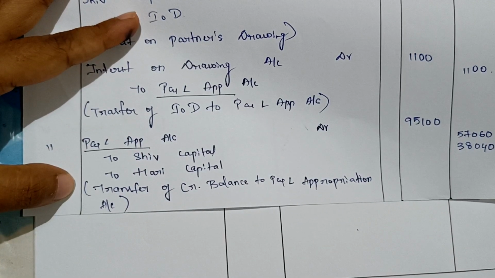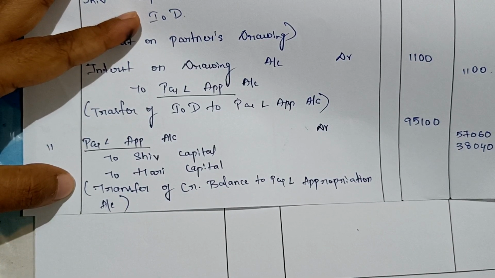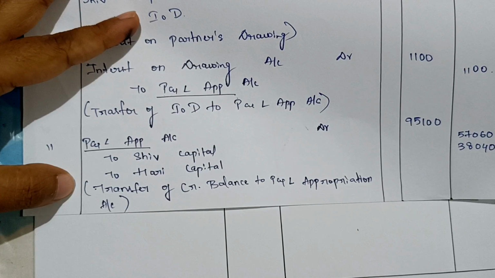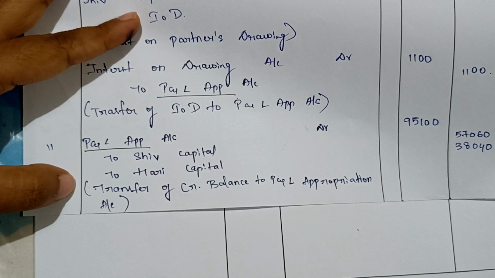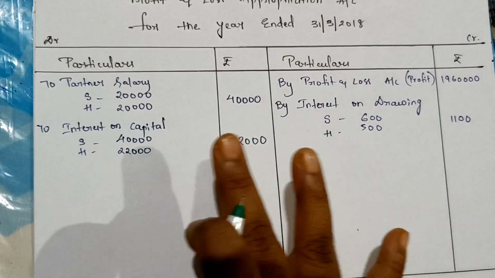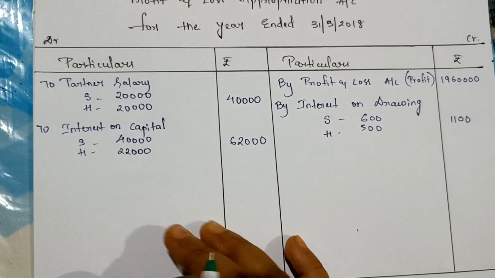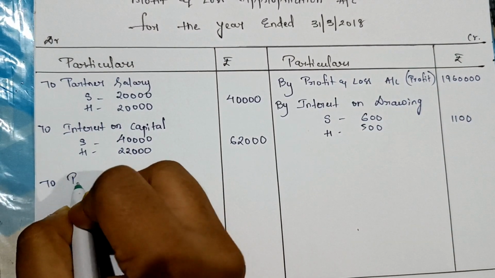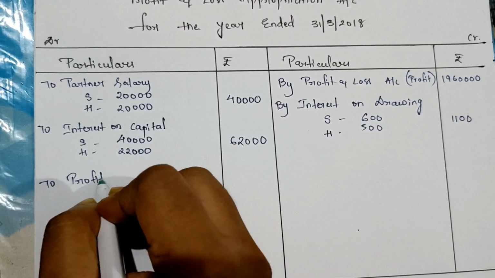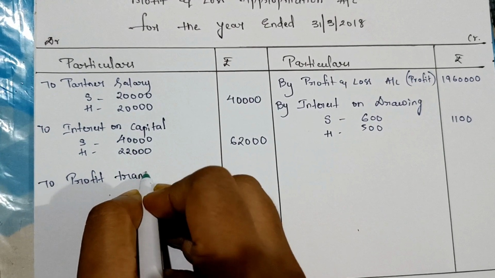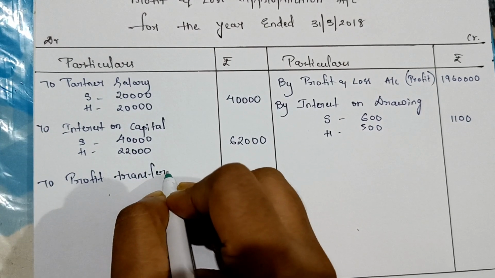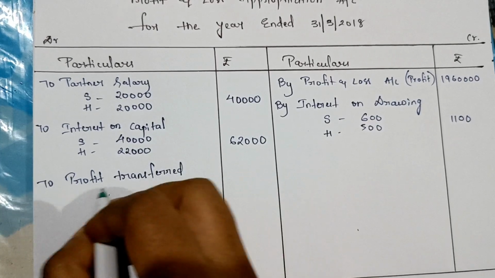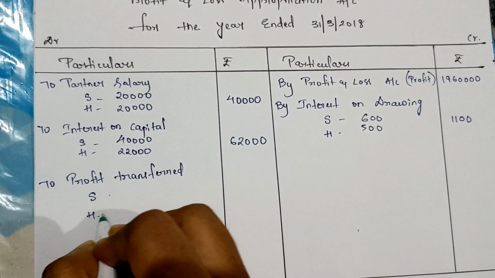Next is the last entry where we have written profit and loss appropriation account debit to both the partners' capital accounts. So here we got a profit. So profit transferred to Shiv and Hari.